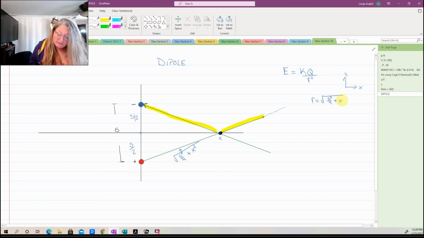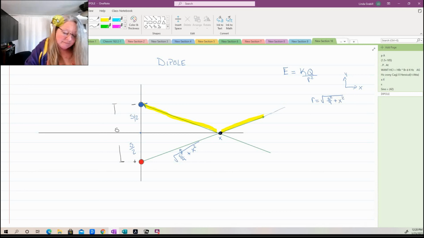So the next thing I want to do then is break this into x and y components and see if by symmetry anything is going to cancel out. And I look at this and I can see if I had drawn complete vectors that were nice and even, it would be more apparent.